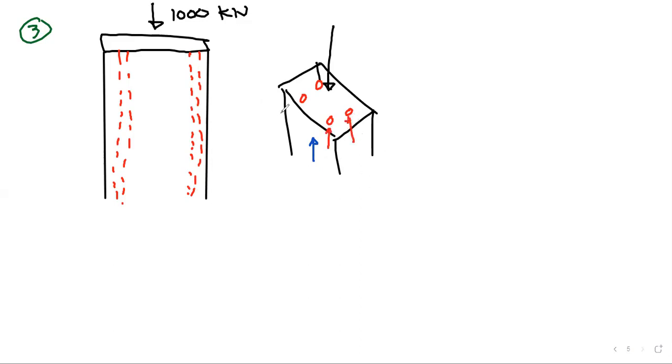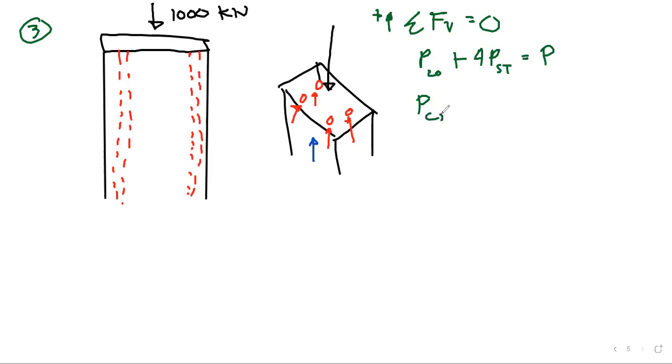Technically, summation of forces vertical equals to 0, all upwards are positive, diba? So we can say that P concrete plus 4 P steel is equal to P, or P concrete plus 4 P steel is equal to 1,000 kN. Okay?